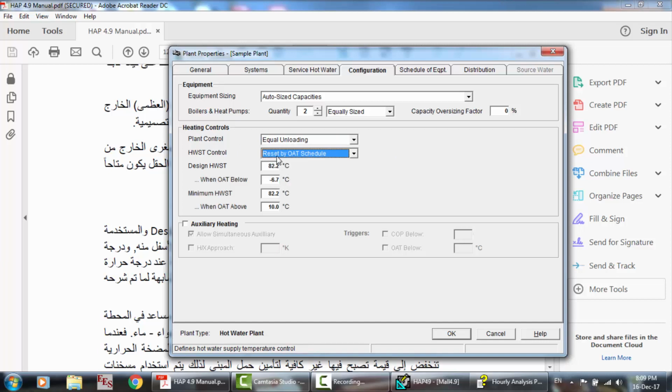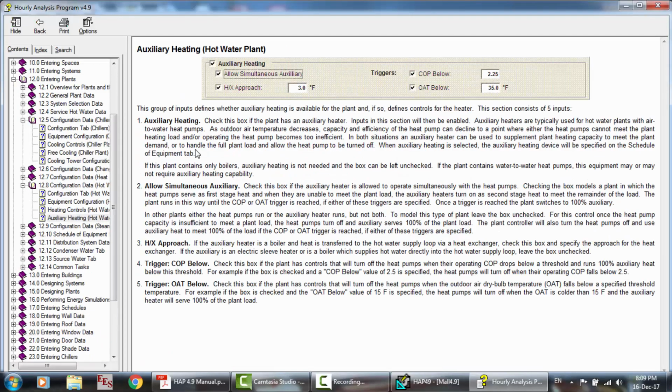And also you can get these ranges, exactly like what we did for the chillers, but here for the hot water. So if you have auxiliary heating like this, check the box if the plant has an auxiliary heater. Inputs in this section will then be enabled. Auxiliary heaters are typically used for hot water plants with air to water heat pumps.